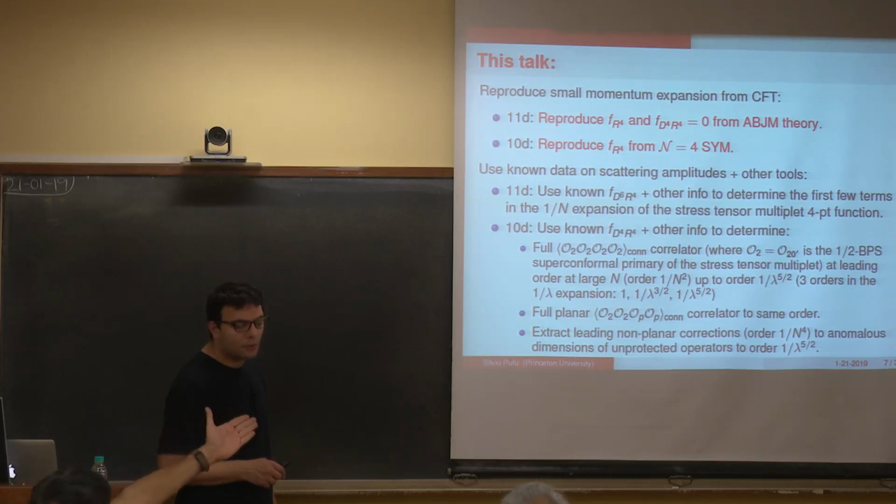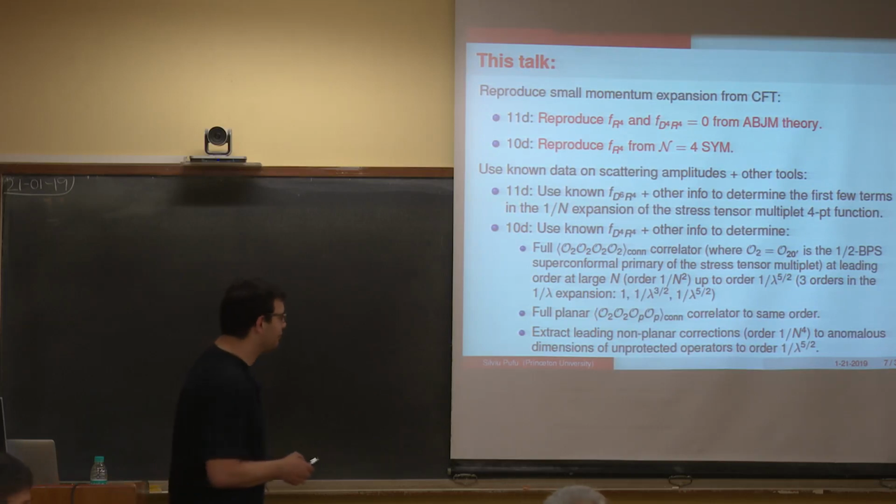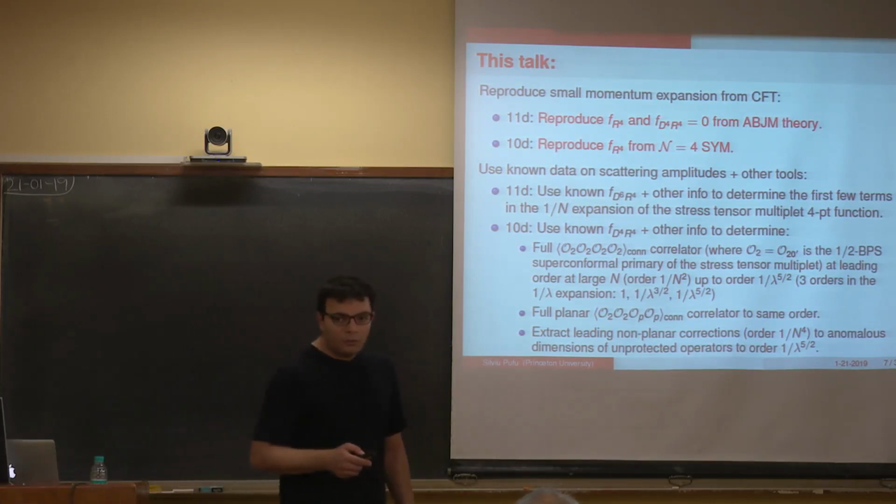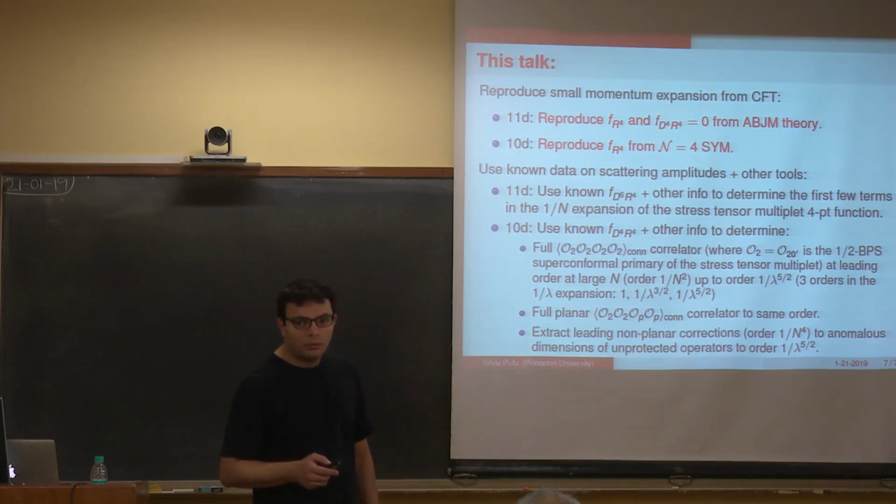So since there's only a few number of derivatives, there can't be too many. Right. So in 11 dimensions, if you look at the scattering amplitude, the exchange piece of the scattering amplitude, coming to the exchange diagram, what is known about it?